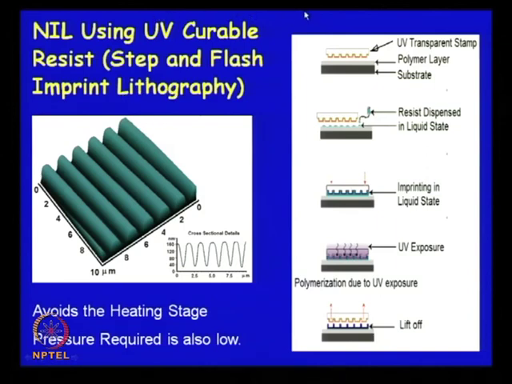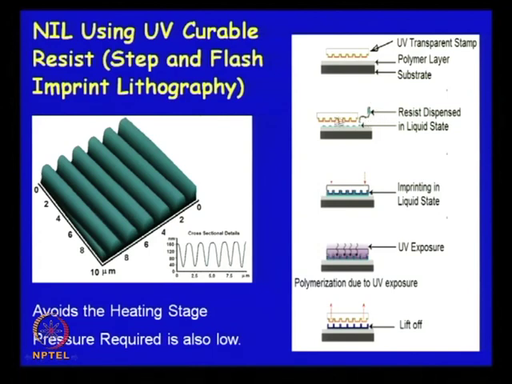It is pretty similar to the conventional NIL, but the only difference is that you typically do not take a thermoplastic at room temperature, but you use a UV curable resist which is liquid at room temperature, and of course, your mask or the stamp or the mold has to be UV transparent.